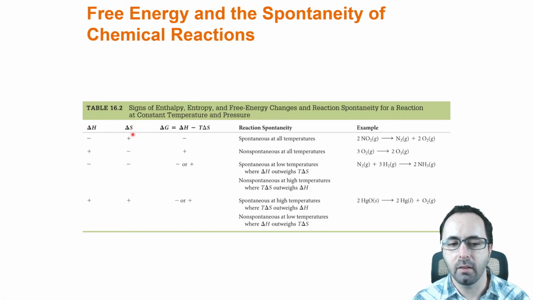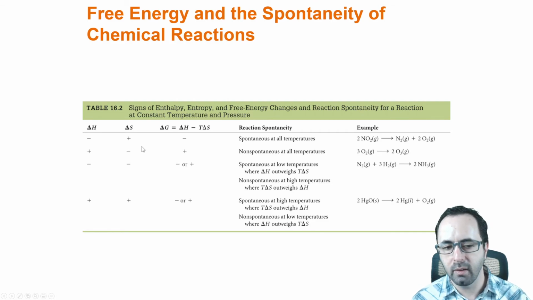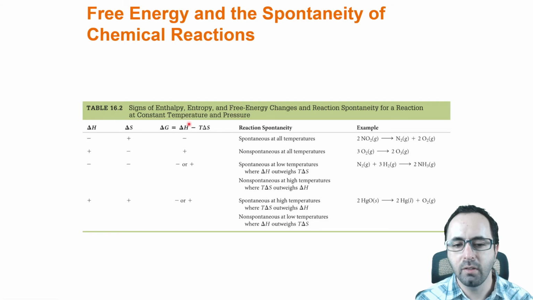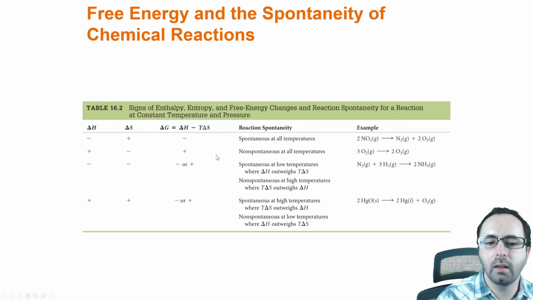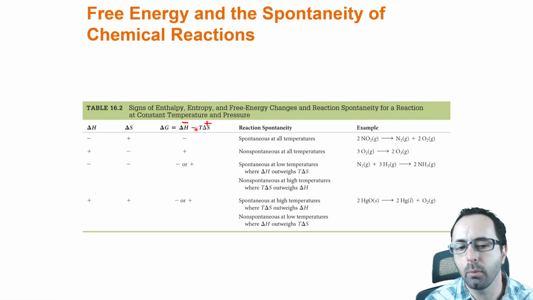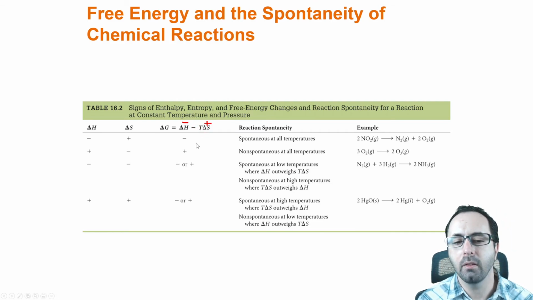If delta S is positive, an increase in entropy, that also favors spontaneity. So if delta H is negative and delta S is positive, then you get a negative value for this term, and you get a negative value overall for this term because we are subtracting it. And so that means delta G has to be negative. If delta H is negative and delta S is positive, delta G has to be negative. And so the reaction will be spontaneous.